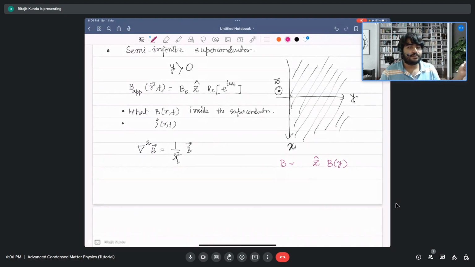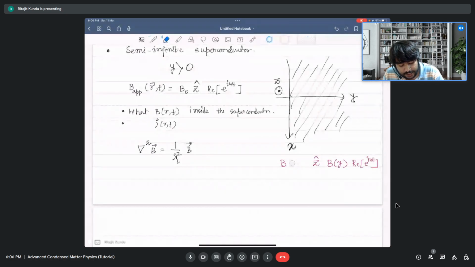The other assumption is that we're not looking at transient behavior, we are looking at a steady state solution, so the solution would also carry the phase e to the power i omega t. So basically I am looking for a solution of this form.